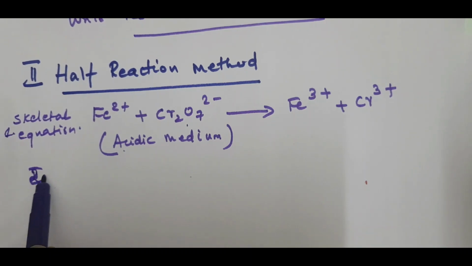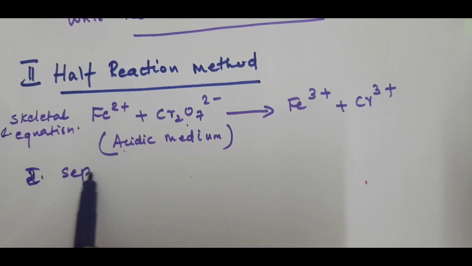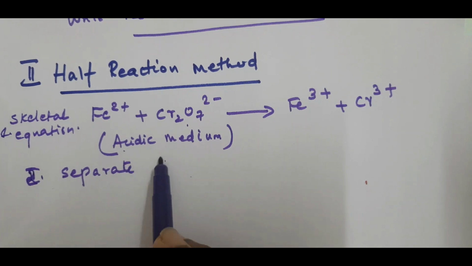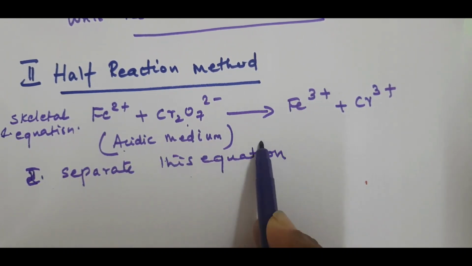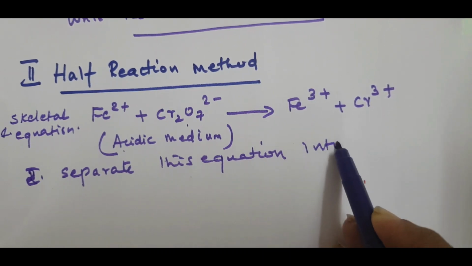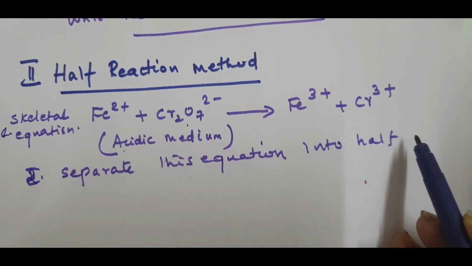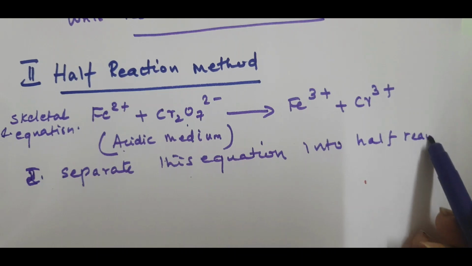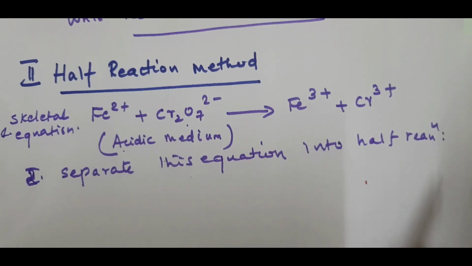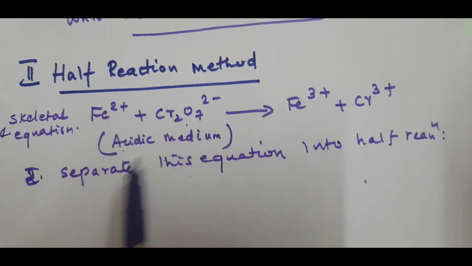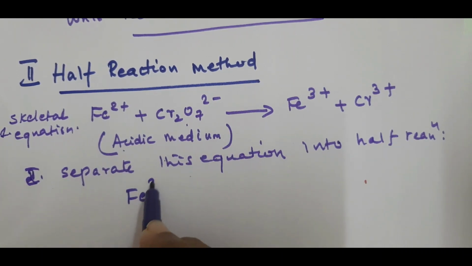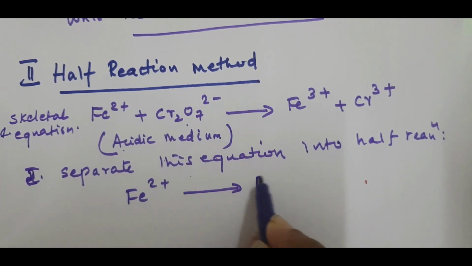Okay. Now in the second step, you have to separate the skeletal equation into the half reactions. We know there are two types of half reaction, oxidation as well as reduction. Clear? So from this ionic equation itself, you know which is oxidized, that is Fe2+ giving Fe3+.